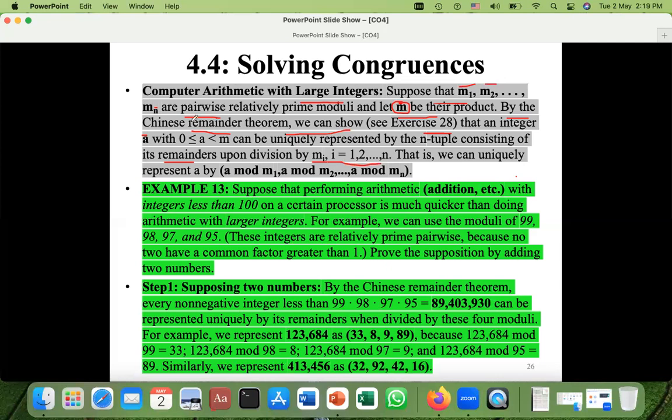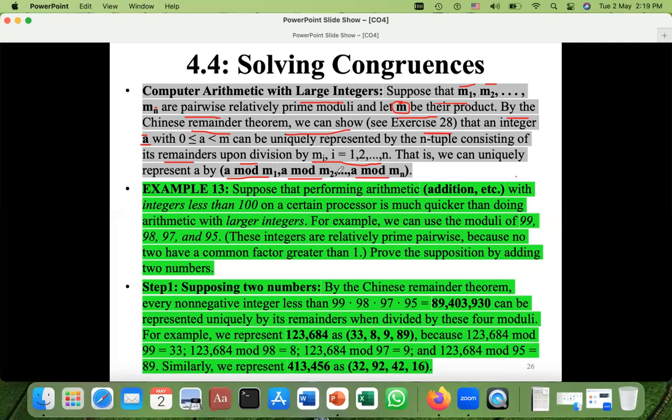For example, you divide that integer with m1 and you have some value here, divide with m2 and you have some value here, and so on, with mn.